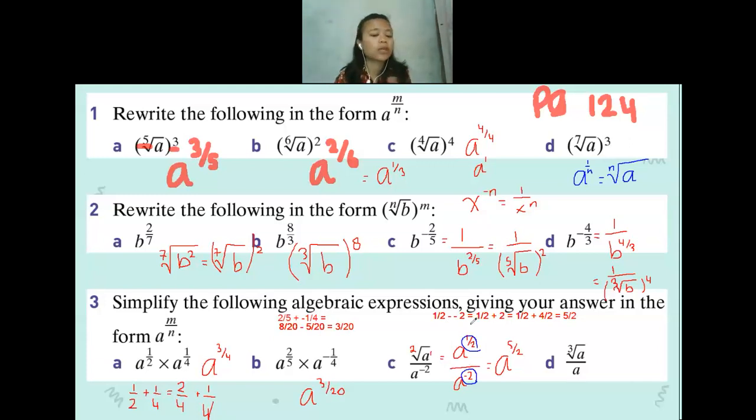Minus and negative, we can combine as plus. So we have a half plus 2. We have to make all the denominators the same. So for number 2, it will be 4 per 2. That's why in the end, we have 5 per 2. So the final answer will be a to the power of 5 per 2.